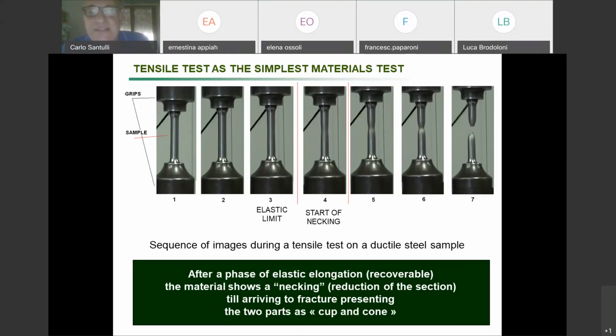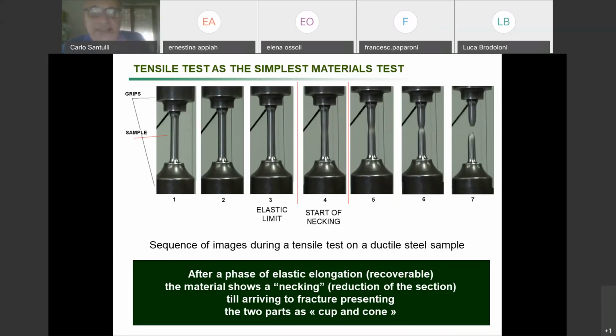But if this is the shape, and we talk about centimeters of length between the grips, and millimeters up to a centimeter or two of diameter, I would say that tensile force is about 100% of the whole force applied, at least on the grips where we get the measurement.